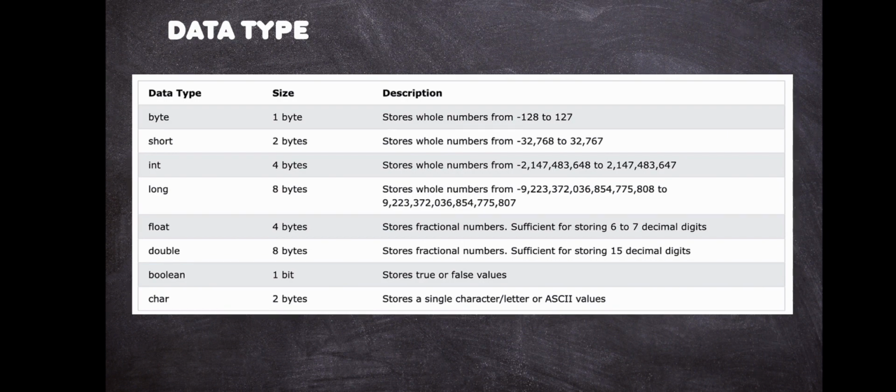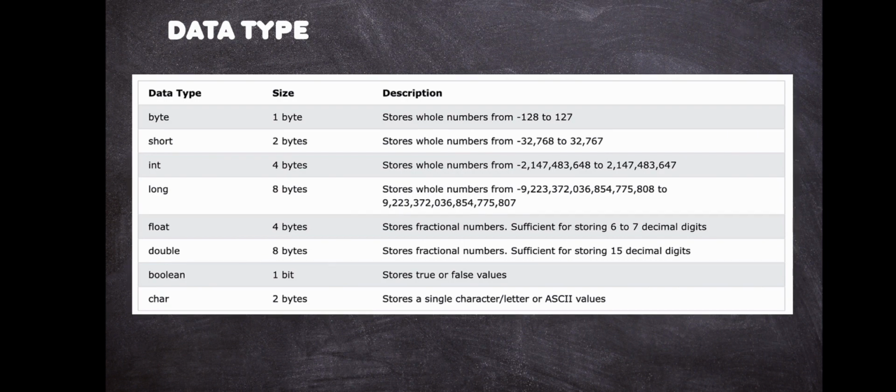The float takes up to 4 bytes as well. It stores fractional numbers. It is sufficient for storing 6 to 7 decimal digits. The double takes size up to 8 bytes and stores fractional numbers, sufficient for storing 15 decimal digits.